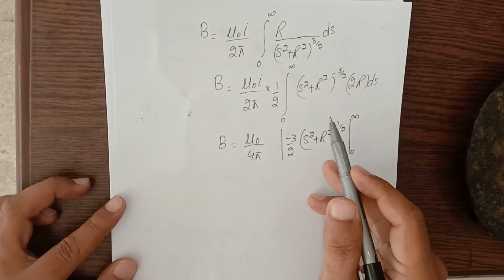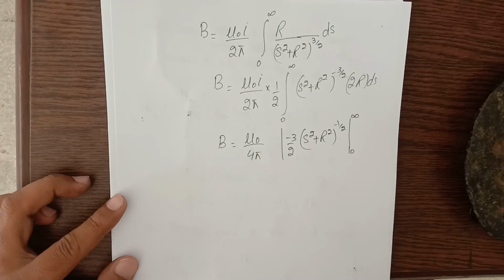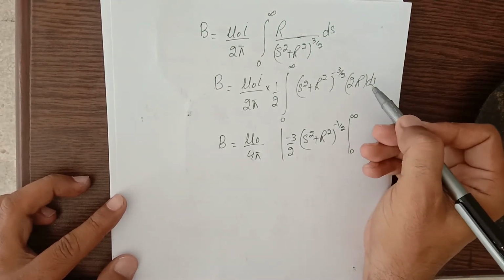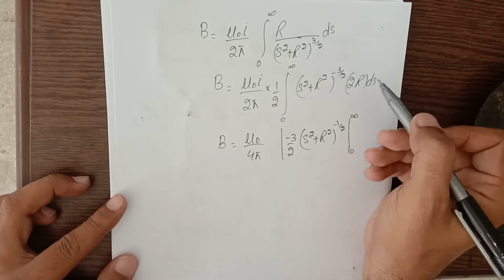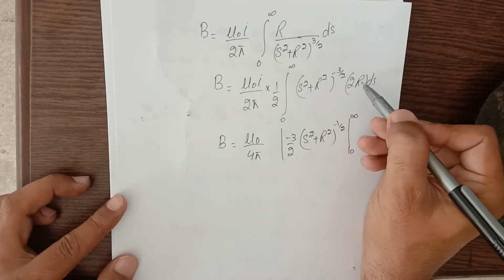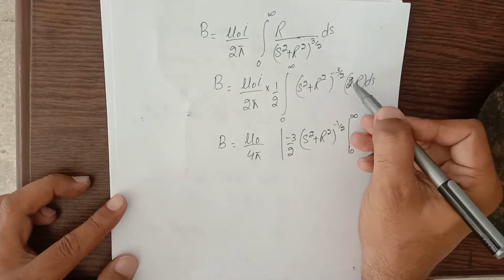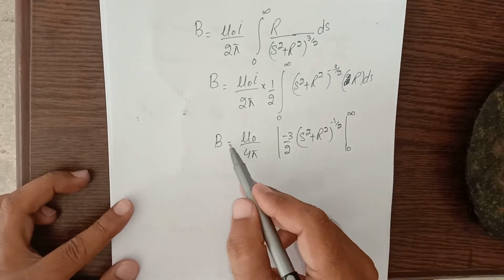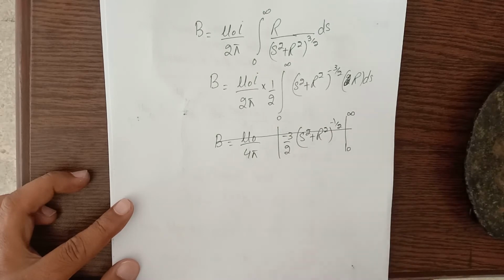Sorry, there was a problem from here: the integral was with respect to ds and I had taken it to be with respect to r, so r should be cleared like this one, and I am erasing this.